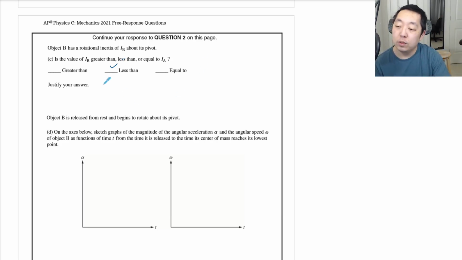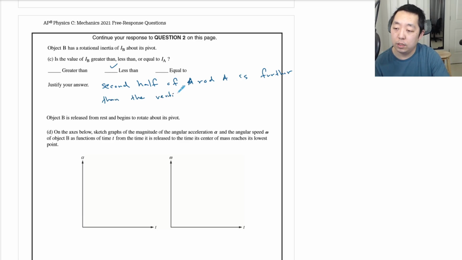So the second half of rod A is further from the pivot than the vertical segment of rod B. So the mass is not as distributed.